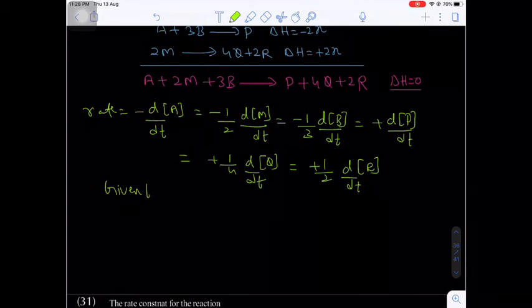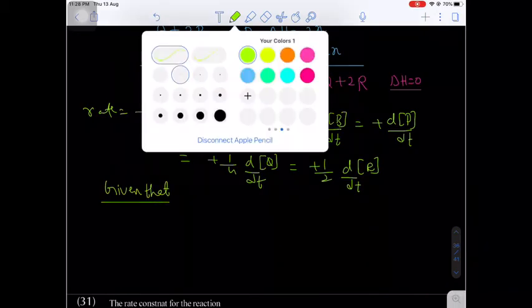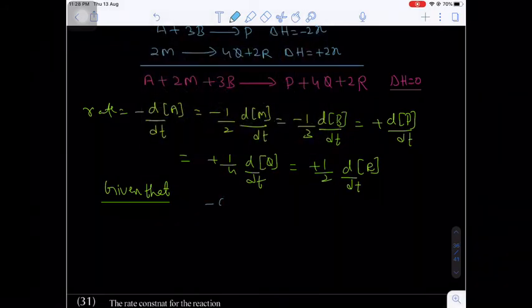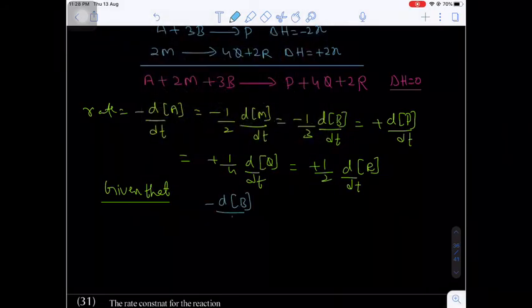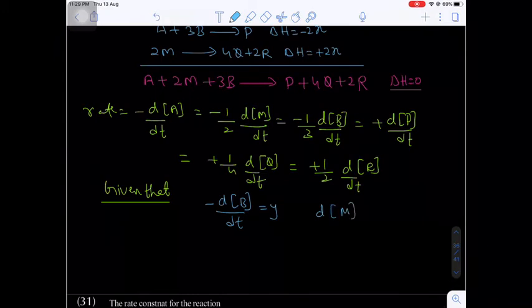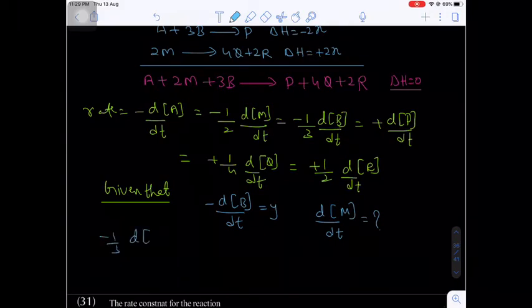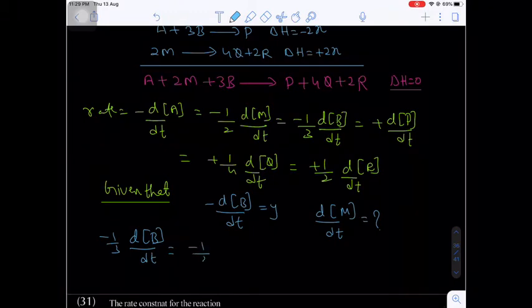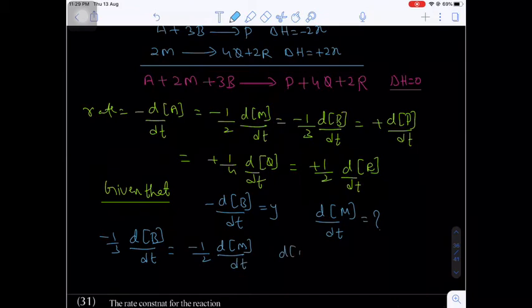Now, in the question, what is given here? Given that the rate of disappearance of B will be equal to y. The question asks for the rate of appearance of M. Minus 1 by 3 dB by dt will be equal to minus 1 by 2 dM by dt.